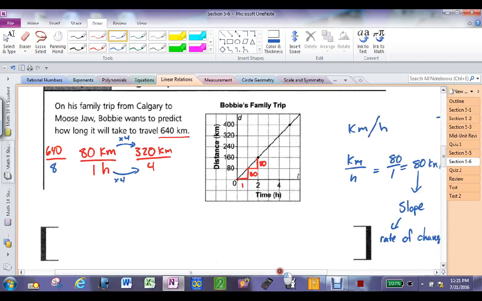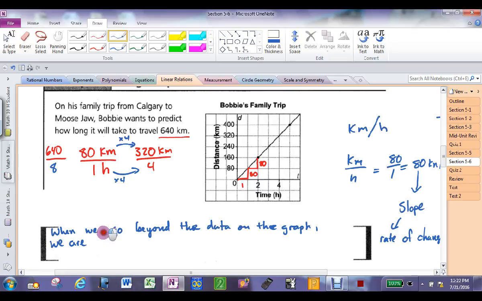Now, the question becomes, did I know this from the graph? No. When we go beyond the data on the graph, we are utilizing extrapolation.